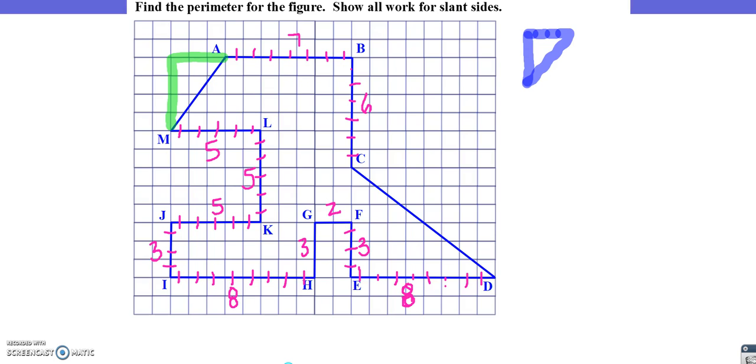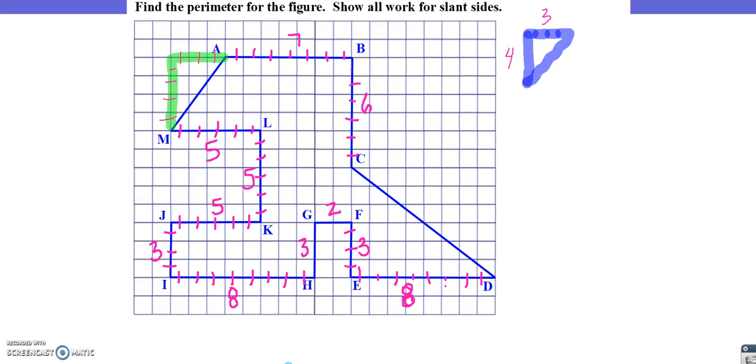And I know that the top of that triangle is 3. I know the left side of that triangle is 4. These are not going to get included in our perimeter, so we drew the green line. That was not part of the original image.